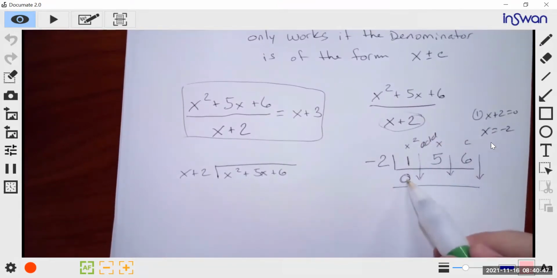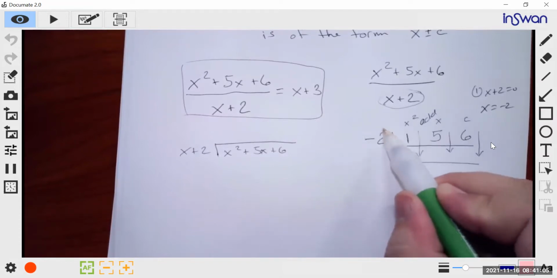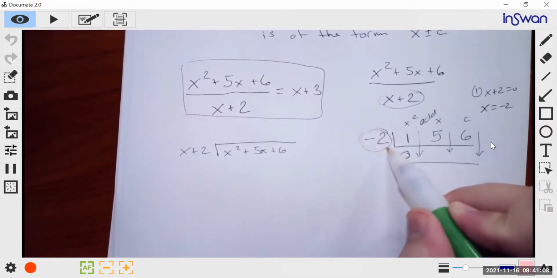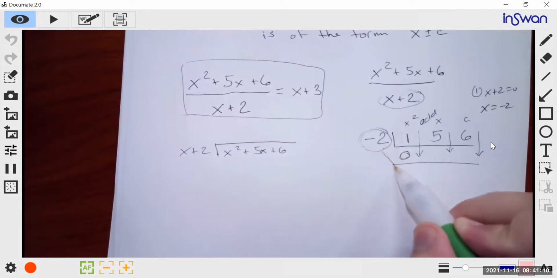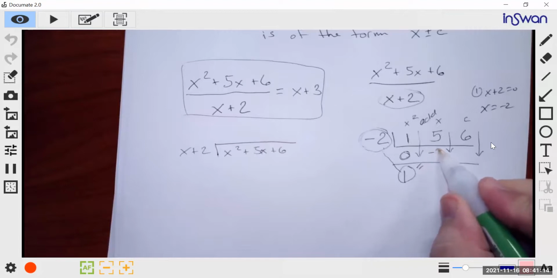So 1 plus 0 equals 1. So now we need the next box, the next space. That's where this one comes in. This is the multiplication. Whatever's out here times whatever's on the bottom. -2 times 1 is -2.